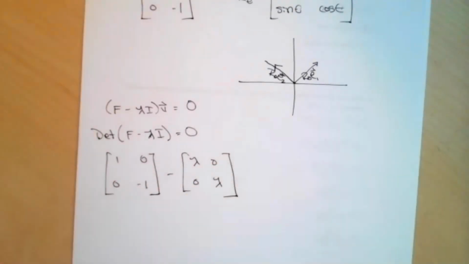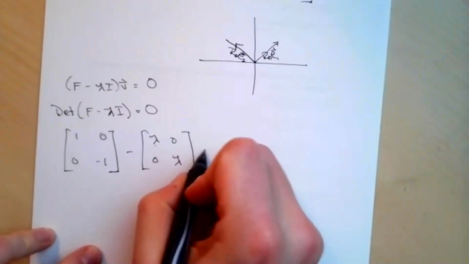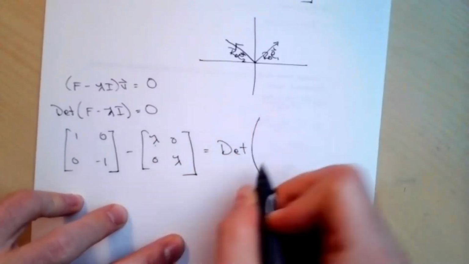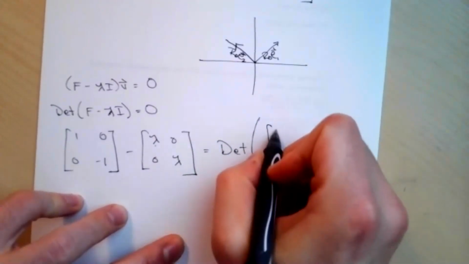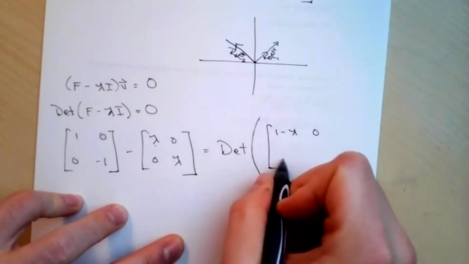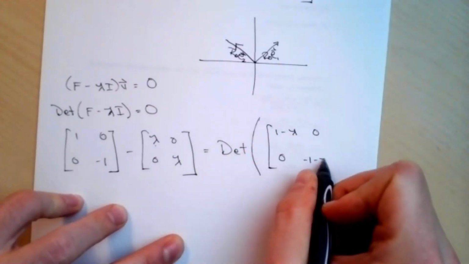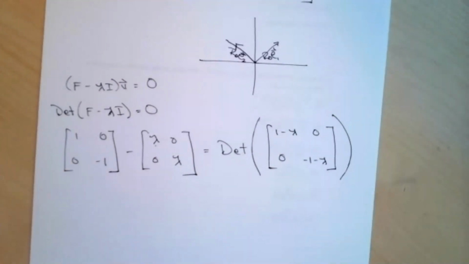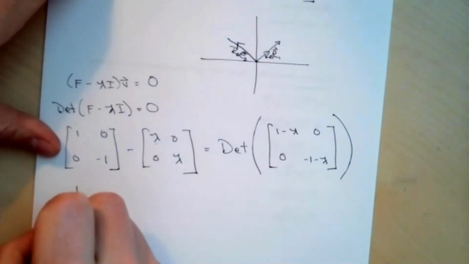So identity just has 1s on the diagonal. If we multiply that by lambda, of course, 0 times lambda gives us 0, and all the 1s times lambda give us lambda. And so now we are looking at this matrix, and we want to compute the determinant. 1 minus lambda, we've got zeros, and then I've got minus 1 minus lambda. Ends up being a pretty easy determinant.